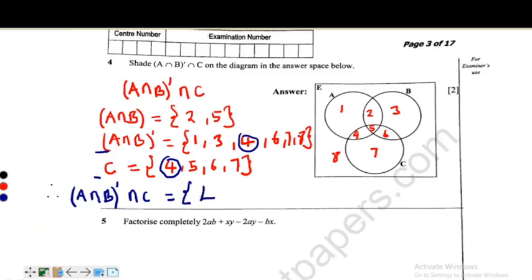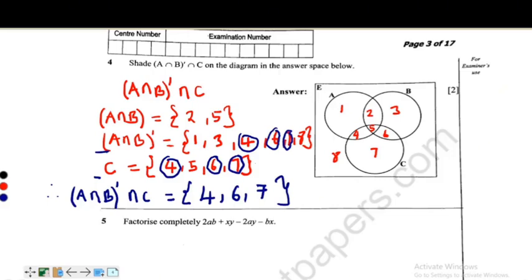So 4 is intersecting. We write a 4. Then we also have a 6 right here, and a 6 right here. So 6 is also intersecting. 7, we have 7 here, we also have a 7 here. So even 7 is intersecting. We have 8 here, but in C we don't have 8. So this is A intersection B in brackets complement intersection C.